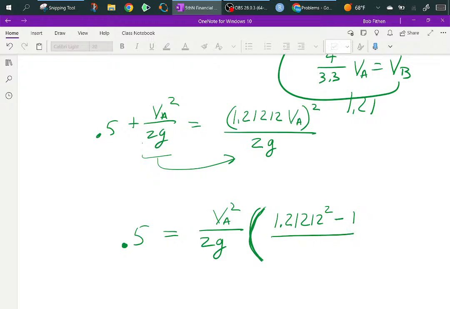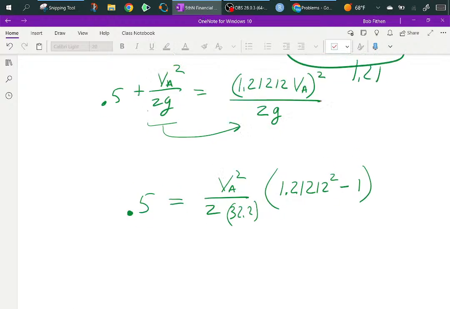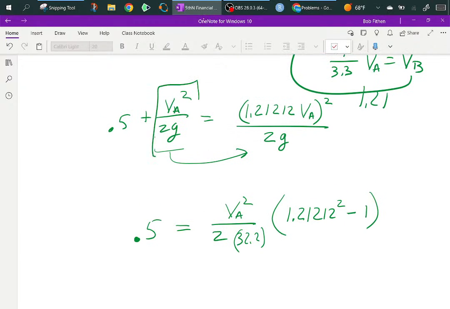Oh, why am I putting the 2G in there? Okay, how about that? Now, you know what I'll do? Okay, that's because I had this one that was the 1, and then it gets pulled over here, so it becomes minus VA squared over 2G.